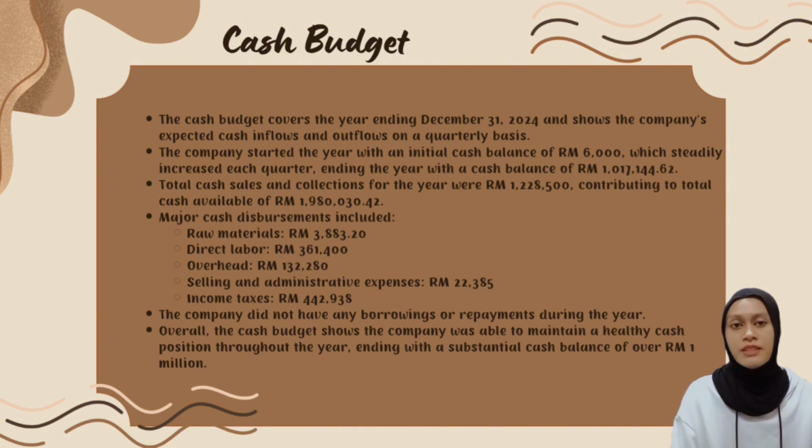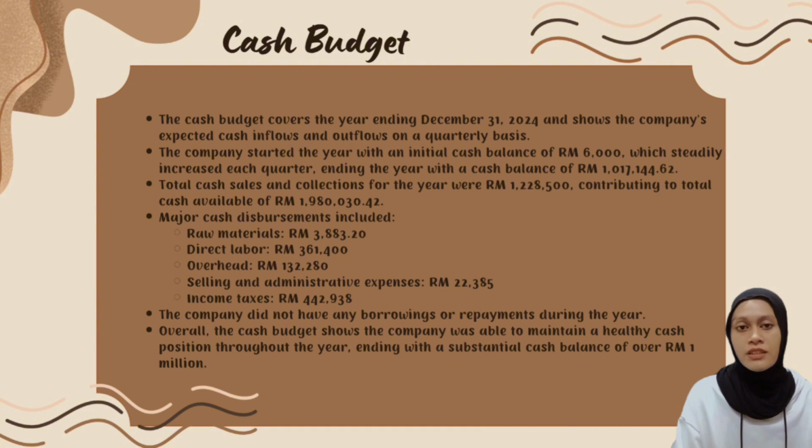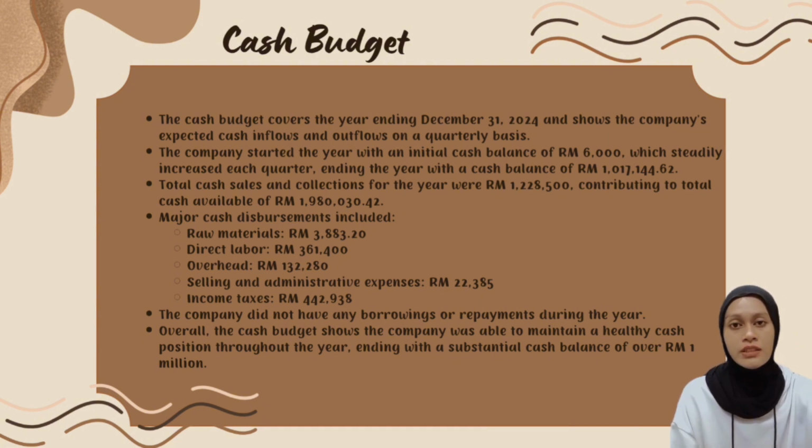Major cash disbursements included raw materials 3,883 ringgit 20 cents, direct labor 361,040 ringgit, overhead 132,280 ringgit, selling and administrative expenses 22,385 ringgit, and income taxes 442,938 ringgit.